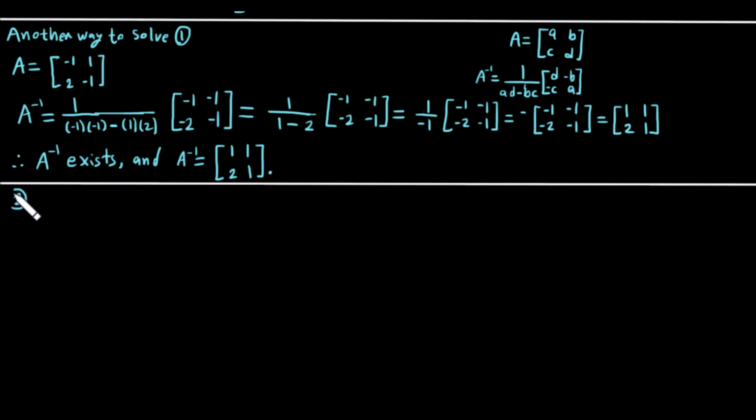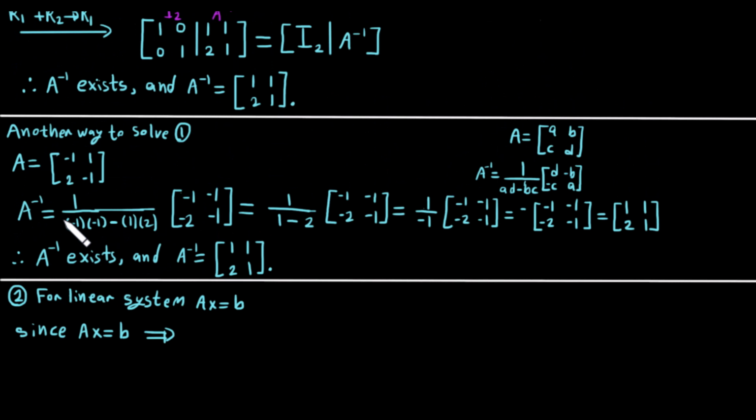Now we want to solve number 2 for linear system AX equal B. As we have A inverse, since AX, I will write this again, equal B, then because we have already known A inverse exists, we have to multiply A inverse both sides from the left, as I have illustrated in here.